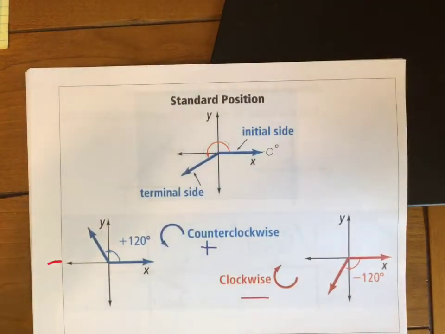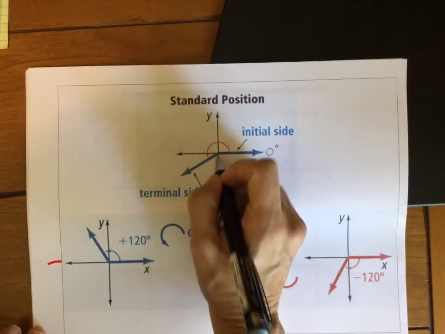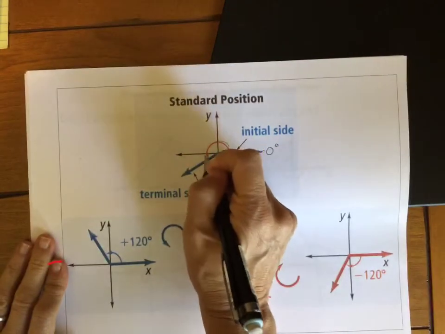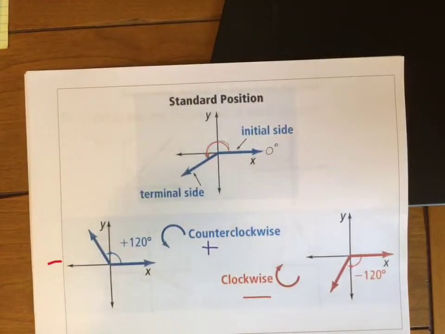Terminal side, all that means is that's where one of your rays, I don't know if you remember that term, but a ray has a point and goes off in a direction. That means that's where your ray ends. And everything in between indicates the angle that you are wanting to talk about.